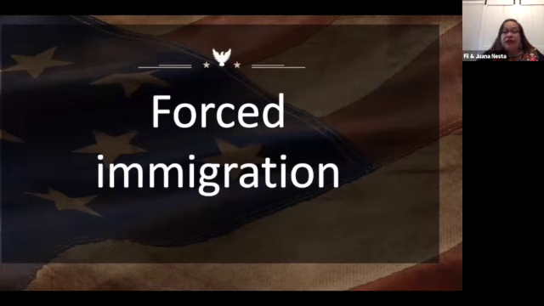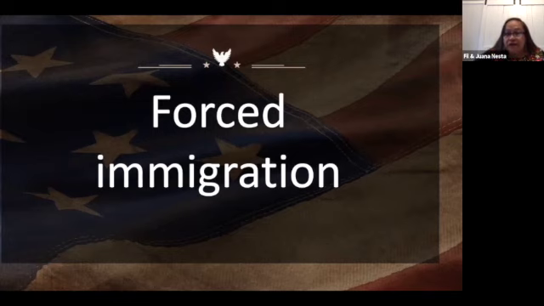St. Patrick was taken from his birthplace in Wales by Irish pirates and taken as a slave back to Ireland. So this was forced immigration. There's a whole story about St. Patrick and the wonderful work that he later did to show the love of God. But I just wanted us to pause and notice that there are instances of forced immigration.